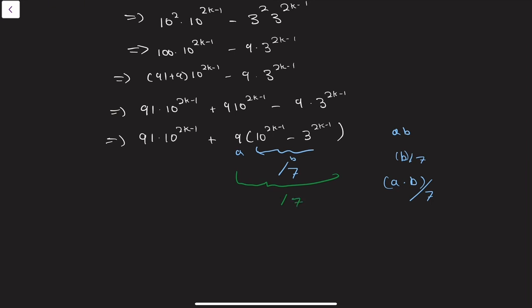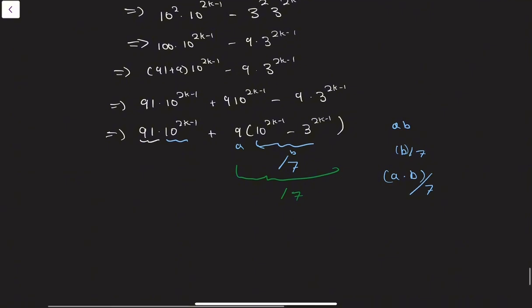And likewise, is 10^(2k-1) divisible by 7? We don't know. But we can see that 91 is divisible by 7, right? By inspection we know that 91 is divisible by 7, but I'll show you. We'll have 1 here, and this is 9, carry the 7. 2, 1, 21, that's 3. So we know that 91 divided by 7 is 13.